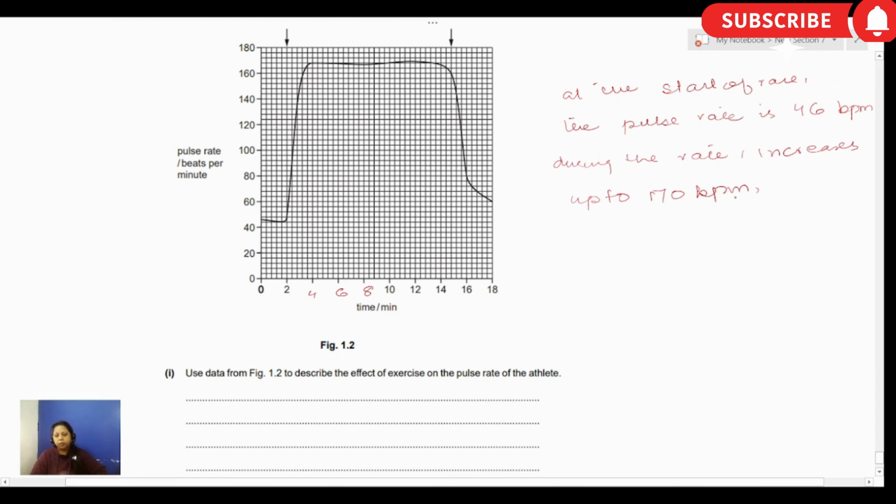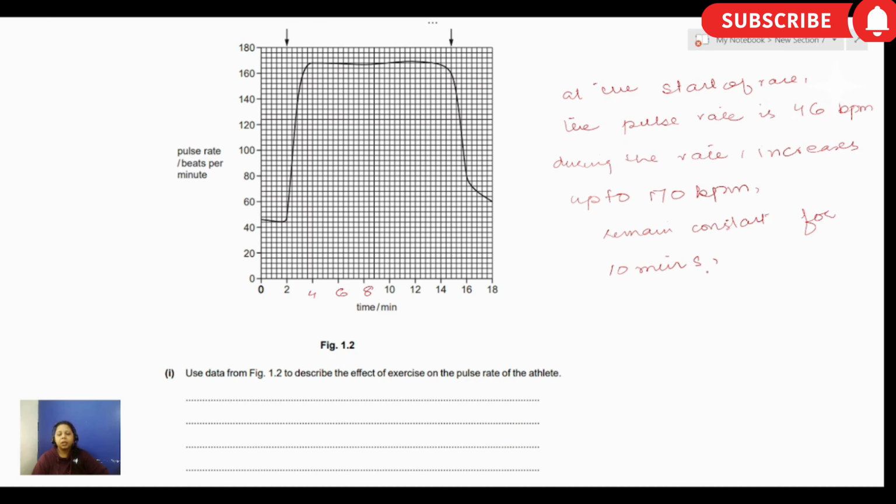Remains constant for approximately 10 minutes, and then returns back to normal after 2 minutes of when the race ends.